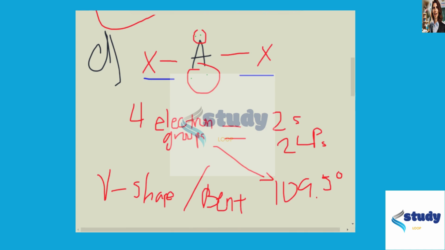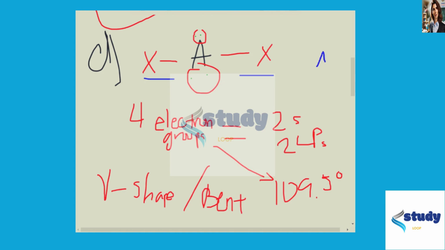The reason it's V shaped and bent is that these two lone pairs will repulse and bend the X's down. If you draw it out, these two lone pairs will be on top of this A, and they will bend these X's down.